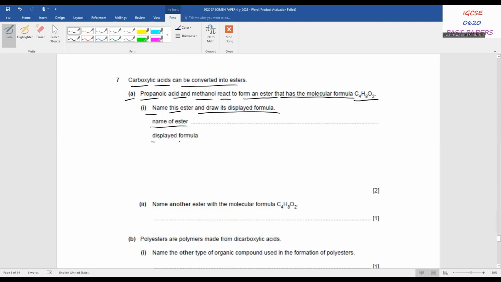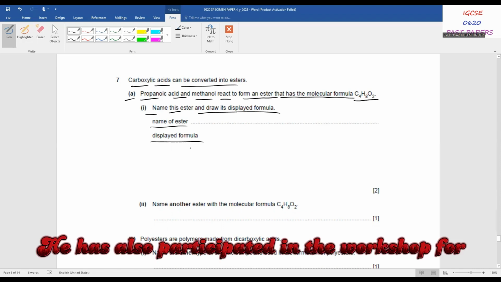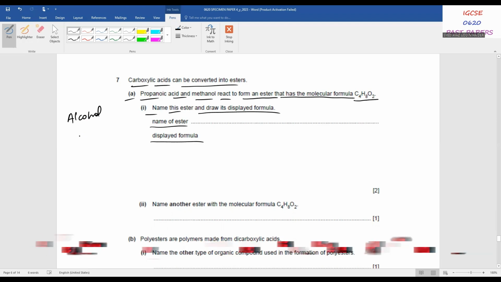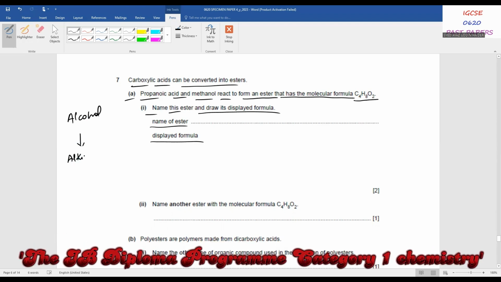Name of the ester, displayed formula. How are you going to name the ester? Remember, whenever alcohol reacts with carboxylic acid, an ester is formed. The alkyl group is coming from the alcohol. In this case, you are getting methyl.